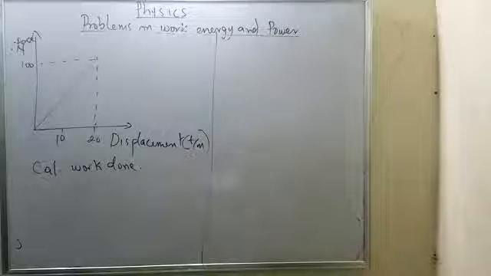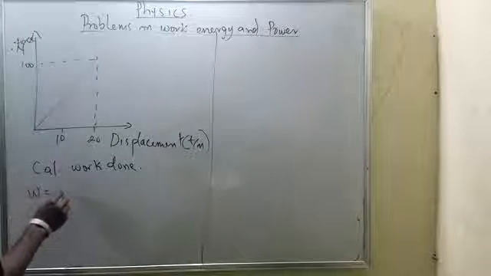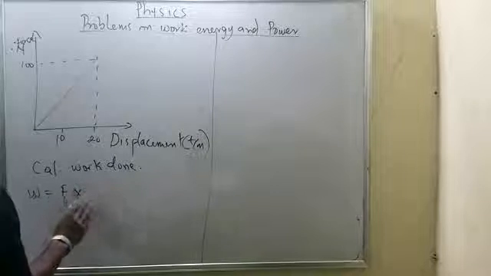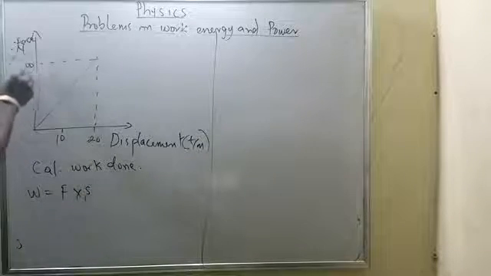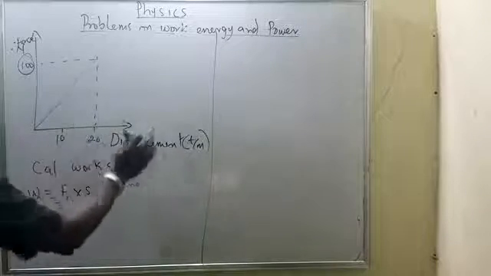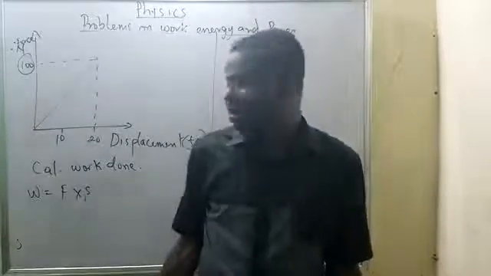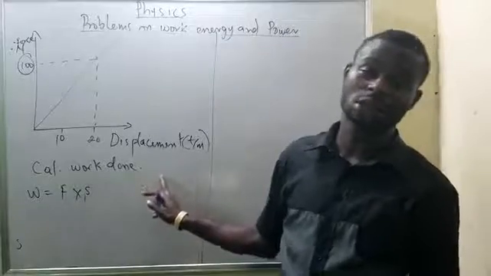Now, what you just need to do, something is still missing. You are still missing out with what? My work done is equal to what? Force multiplied by distance. Now, don't forget this is my force already, but this is not time. This is displacement. It means you can't use it. Displacement is also the same thing as distance.